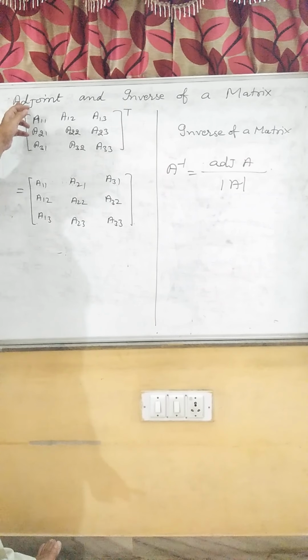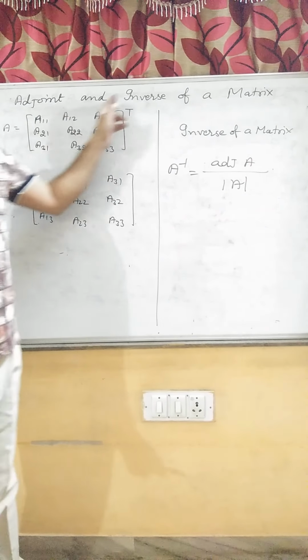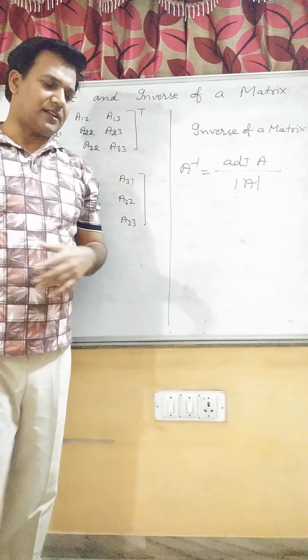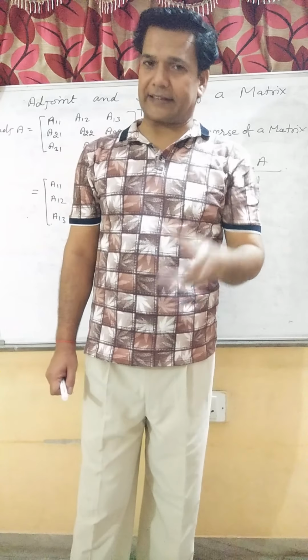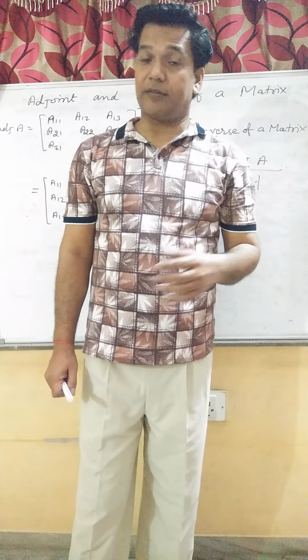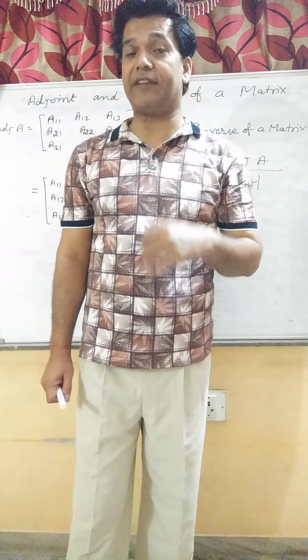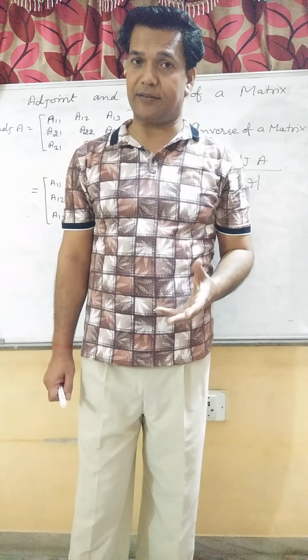Now we are talking about the adjoint and inverse of a matrix. Earlier we studied cofactors and minors. We are using cofactors here to evaluate the adjoint of any matrix.